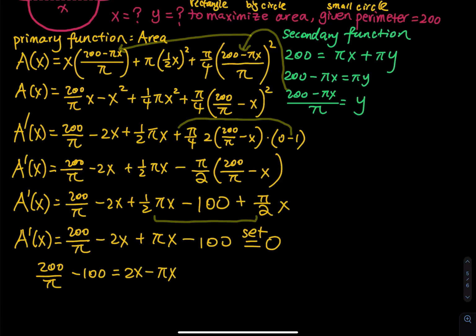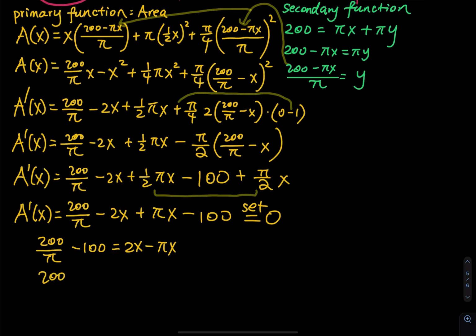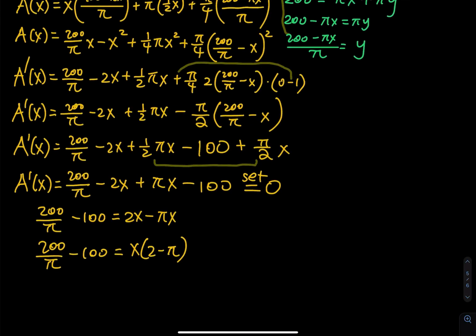Be patient, we are getting close. And then we have 200 over pi minus 100 equals, take the x out, we have 2 minus pi, and then as a result we have x equals 200 over pi minus 100 divided by 2 minus pi. This is my critical number.